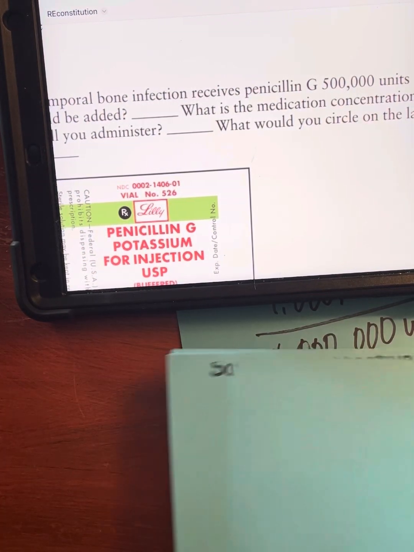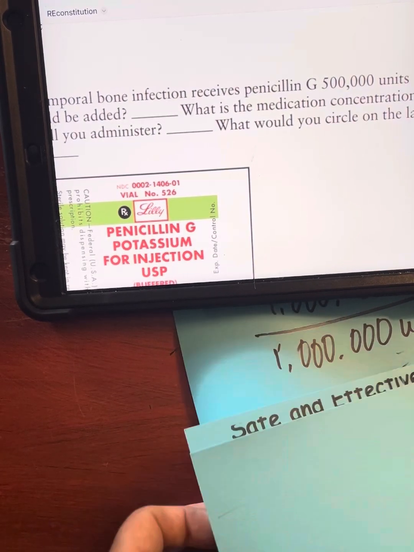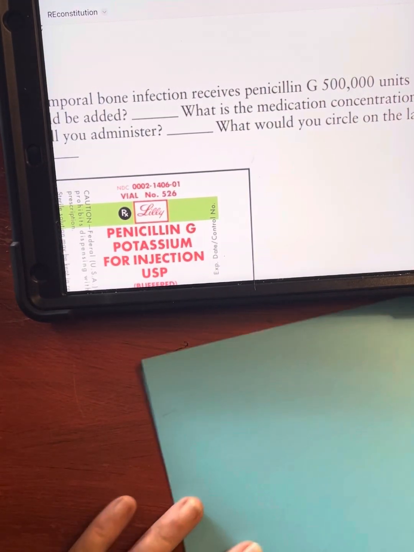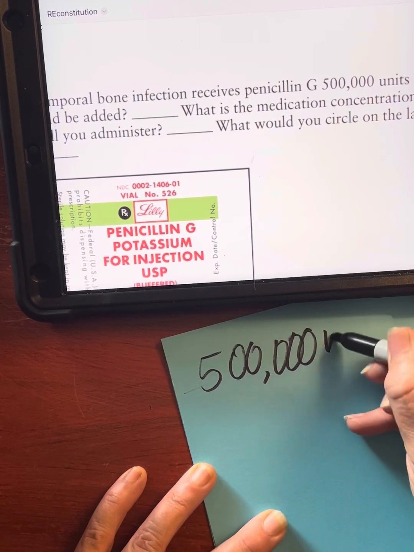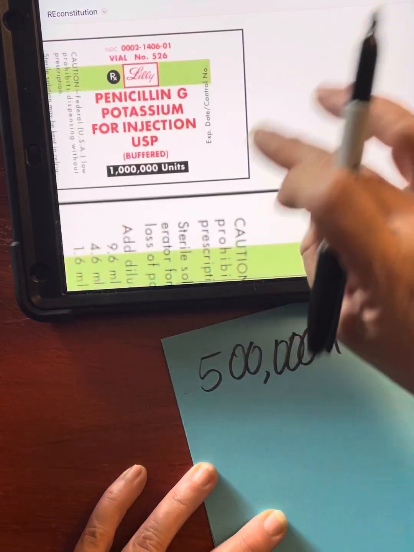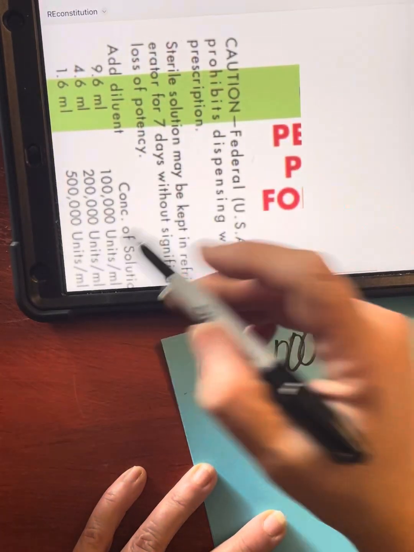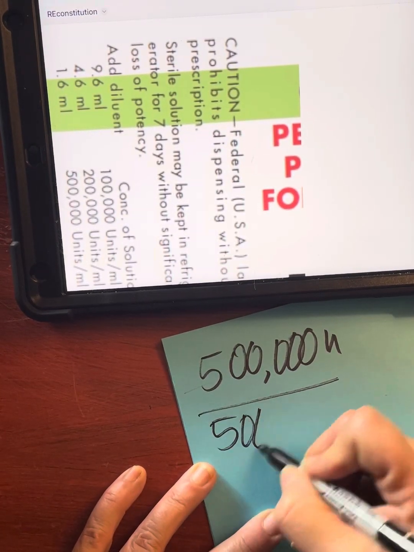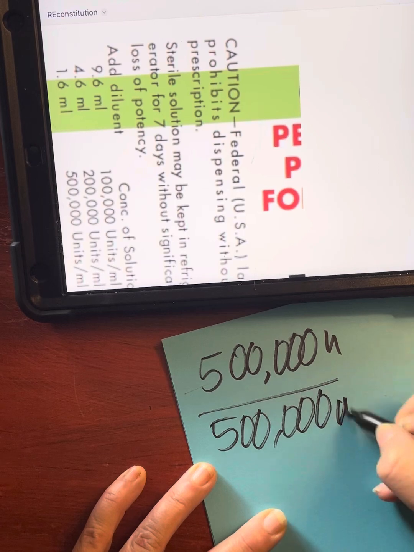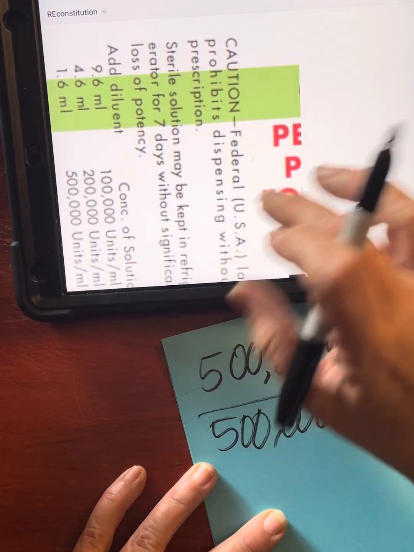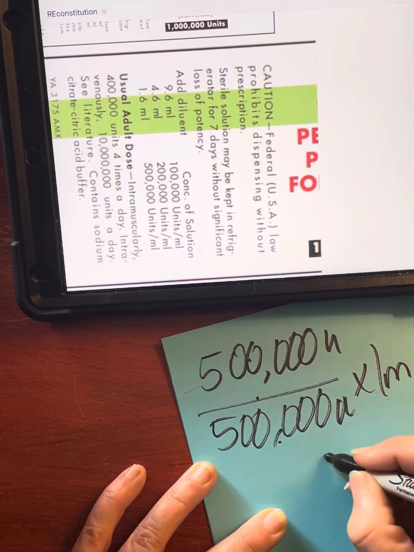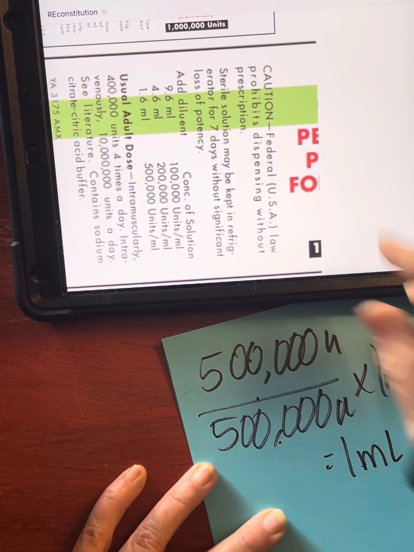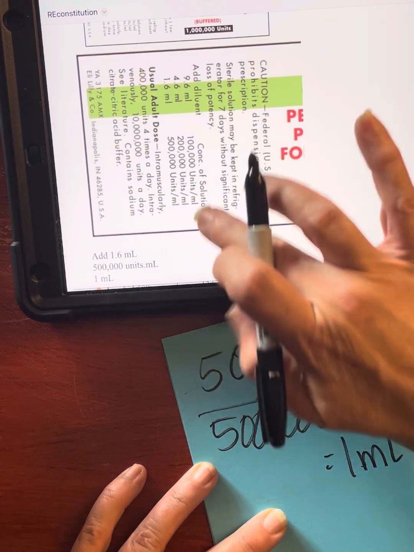Safe and effective care. They love that in the NCLEX world. What he wants is 500,000 units. And what we reconstituted it to was 500,000 units per 1 ml. And then that divided by that is going to be 1, so we would give him 1 milliliter of medicine.